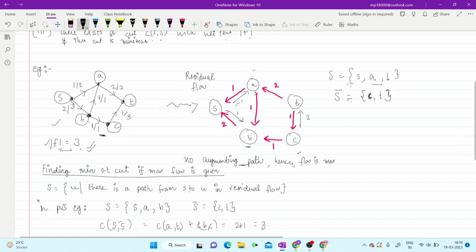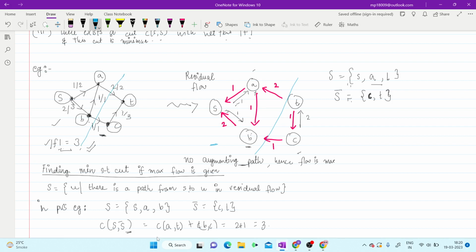So what is the capacity of this cut? So this is our cut, S, A, B, C, T. Oh, sorry, in the cut we consider the initial network, not the residual flow.